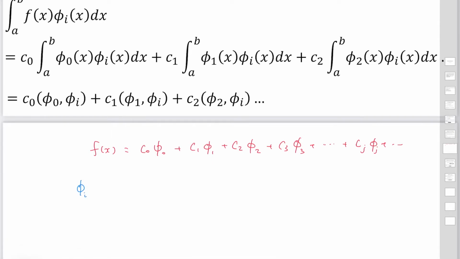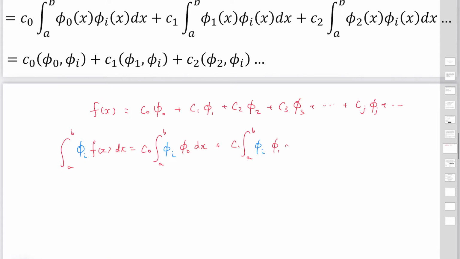It becomes the integral from a to b of phi sub i f of x dx equals c sub 0, a constant, times the integral from a to b of phi sub i phi sub 0 dx, plus c sub 1 times the integral of phi sub i phi sub 1 dx, and so on, plus c sub j times the integral of phi sub i phi sub j dx, and so on.